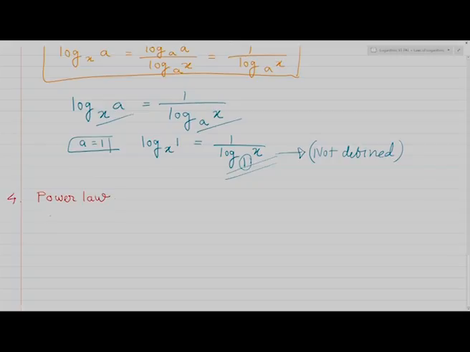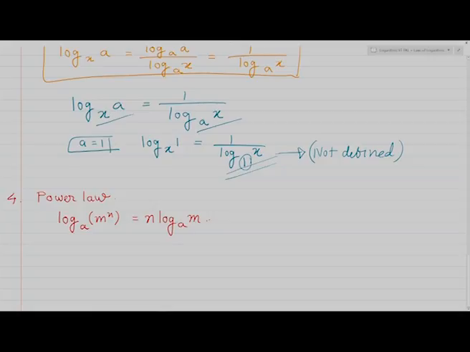This property can be written as log to the base a of m raised to n is equal to n times log to the base a of m. How to prove this property?